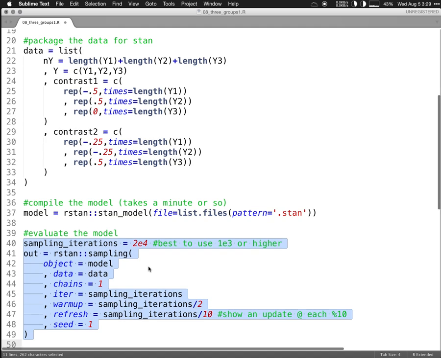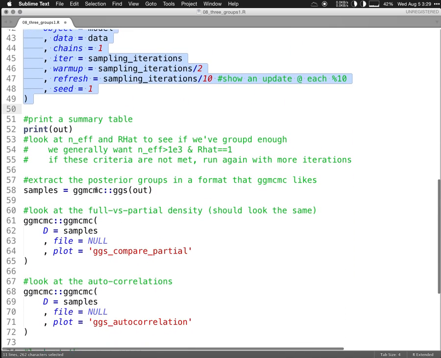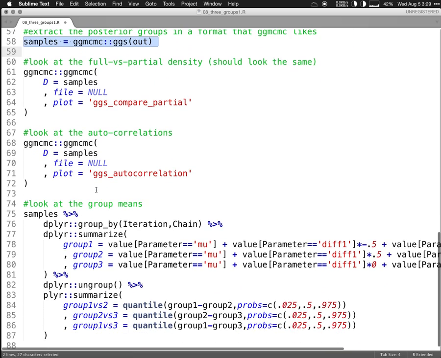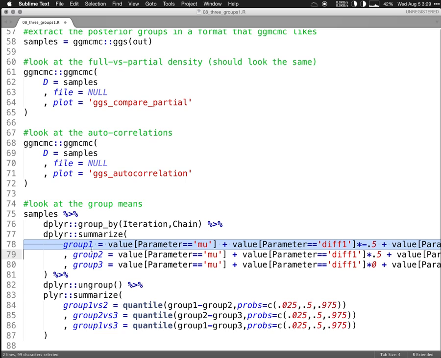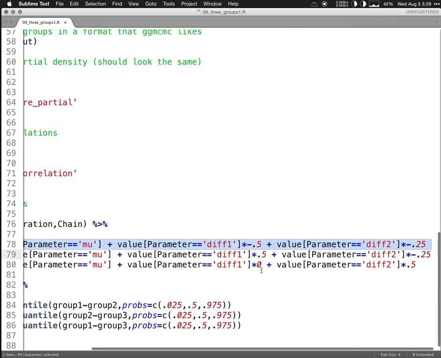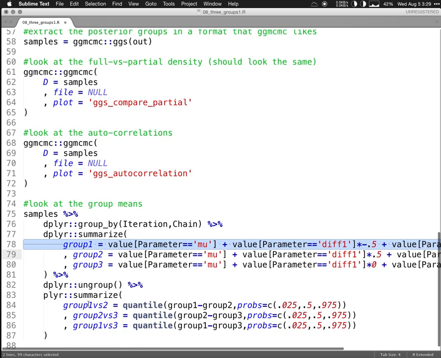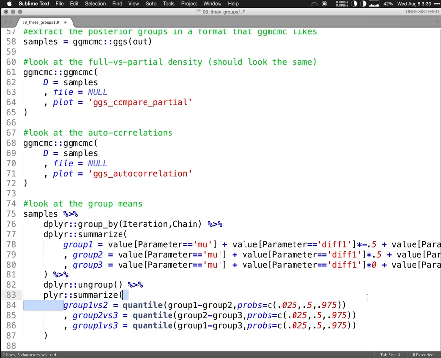Better would be to grab the samples, and we can explicitly look at each of the pairwise differences. So we go through and get the estimate each iteration would have had for each group by just multiplying out what those contrasts were. And then we can look at each group versus each other group.